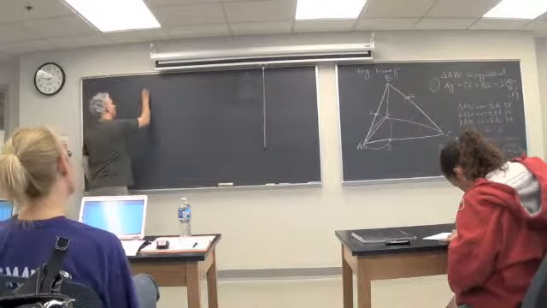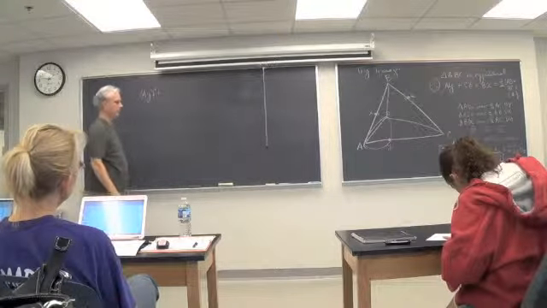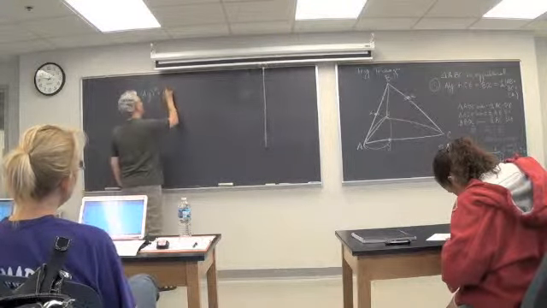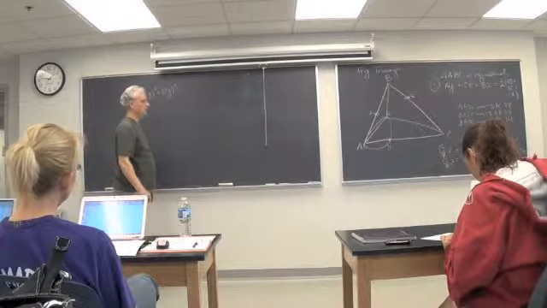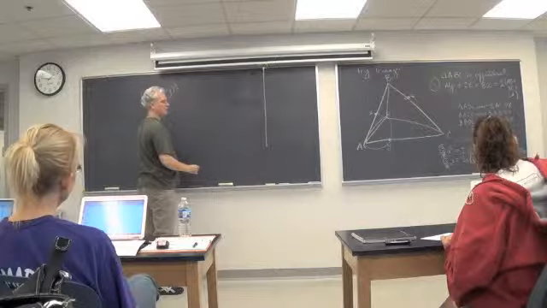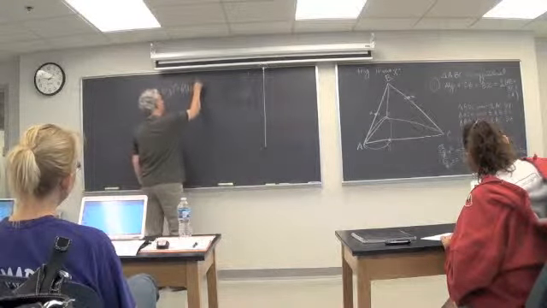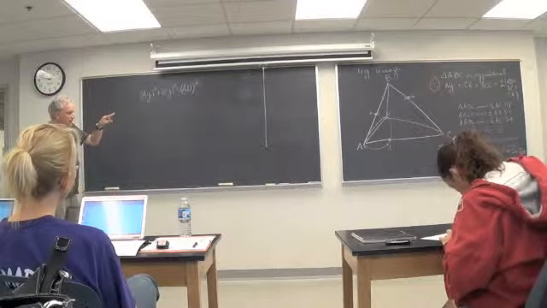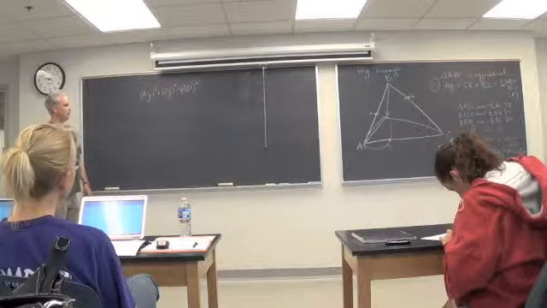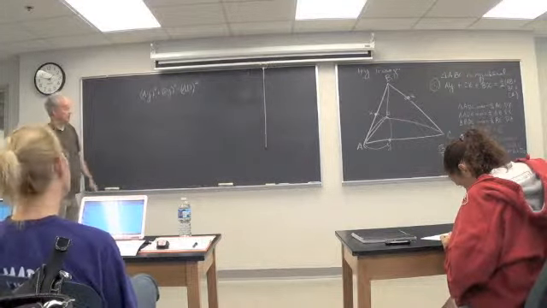So we've got AY squared plus BY squared equals AB squared. Now I really like a CZ somewhere. I really like a BX somewhere.